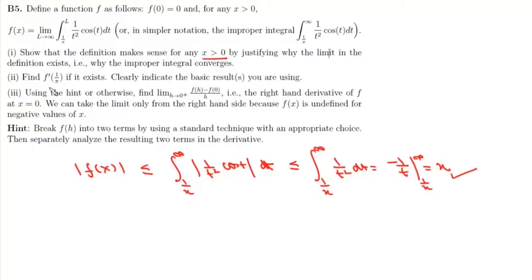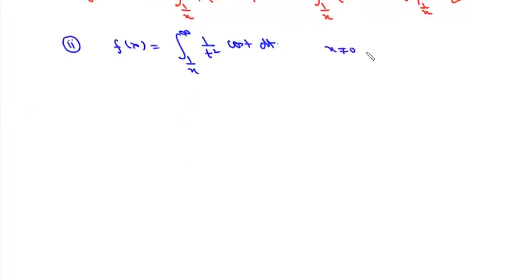And the second part says find f'(1 upon pi) if it exists and clearly indicate the basic results you are using. Now we are given this function f(x), which is this integral from 1 upon x to infinity of 1 upon t square cos t dt. Now if x is unequal to 0, we can use the Newton-Leibniz formula.